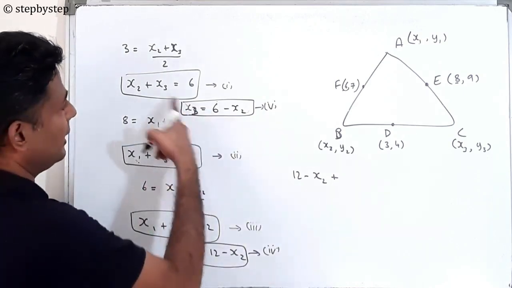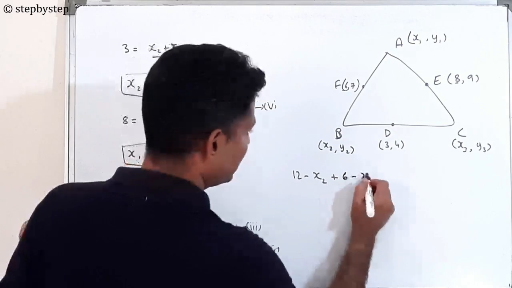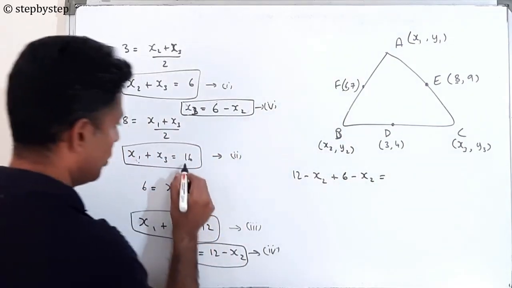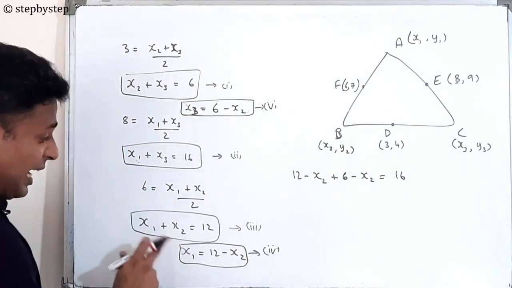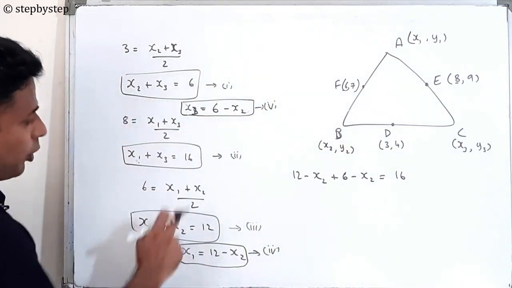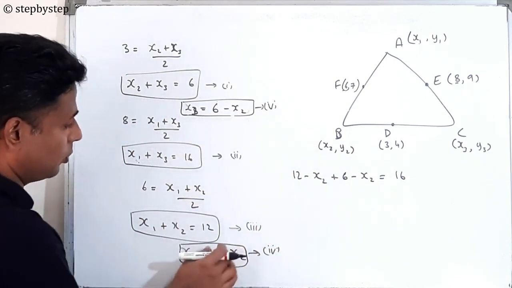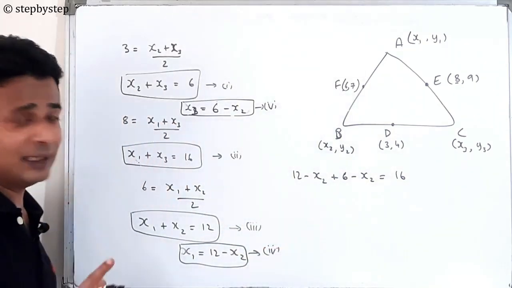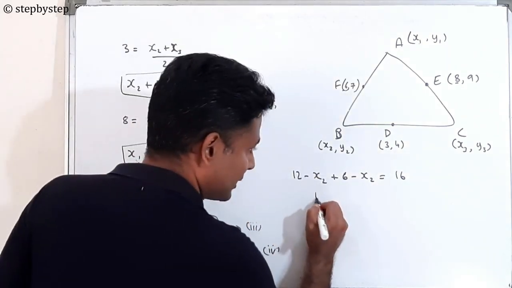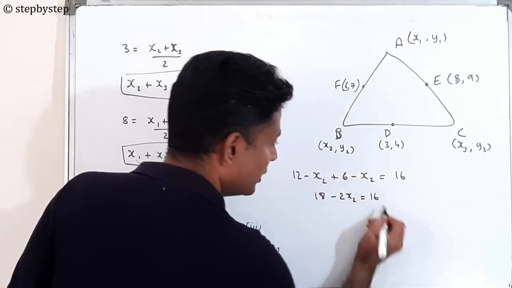So we get plus 6 minus x2 equal to 16. Understood guys what I have done? I have put x1 and x3 from these two equations in terms of x2, and I have substituted these two things in this equation. So I get only one unknown in this equation, that is x2. So 12 plus 6, 18 minus x2 minus x2, that is minus 2x2, equal to 16.